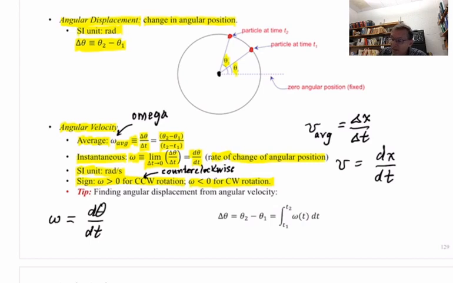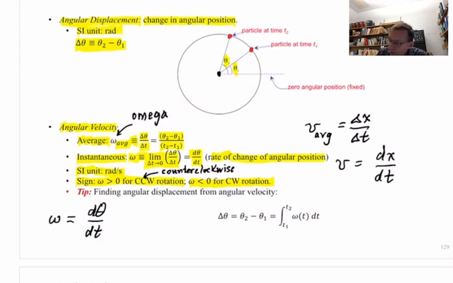And we can apply the fundamental theorem of calculus, and it says, in essence, that integration is the mathematical inverse of differentiation. So the way a physicist would think about doing the inverse of omega equals d theta dt is they would multiply both sides by dt and then integrate both sides.